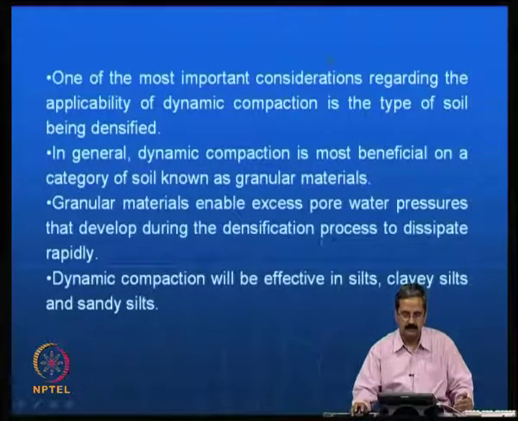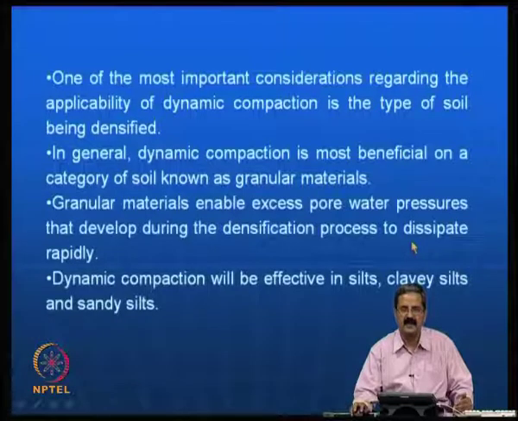Then one of the most important considerations regarding the applicability of dynamic compaction is the type of soil being densified. As I just mentioned, it is very good for granular materials, because in granular materials the excess pore pressures that develop during densification dissipate rapidly.